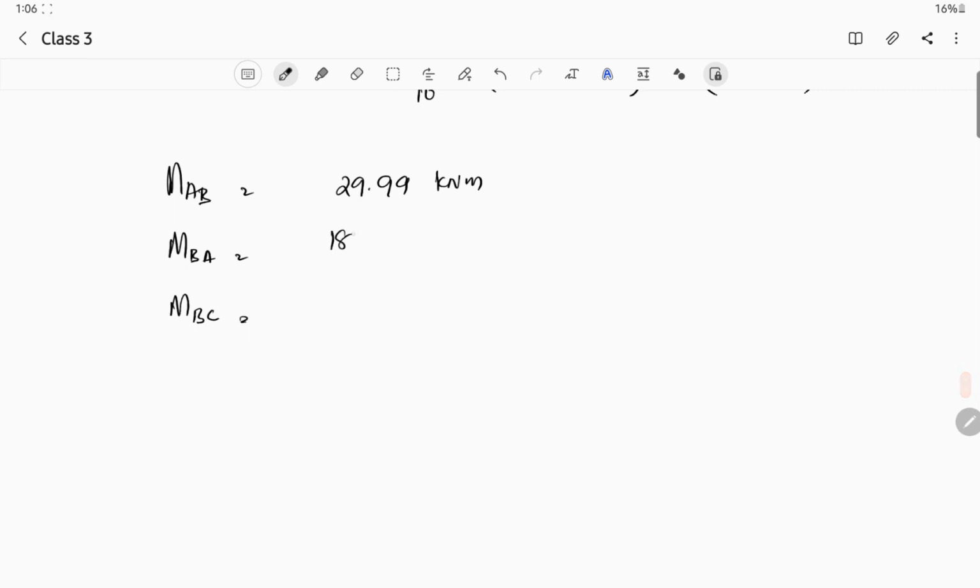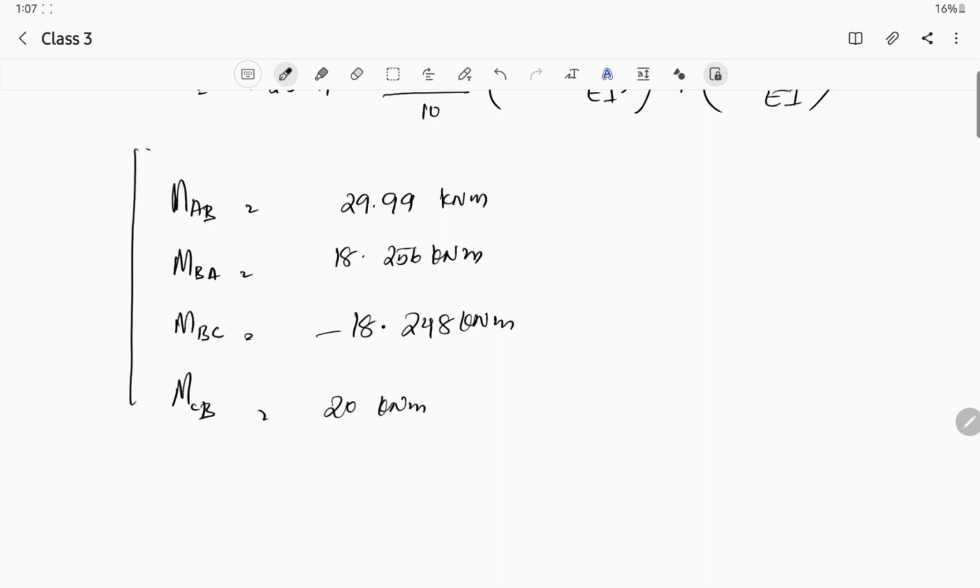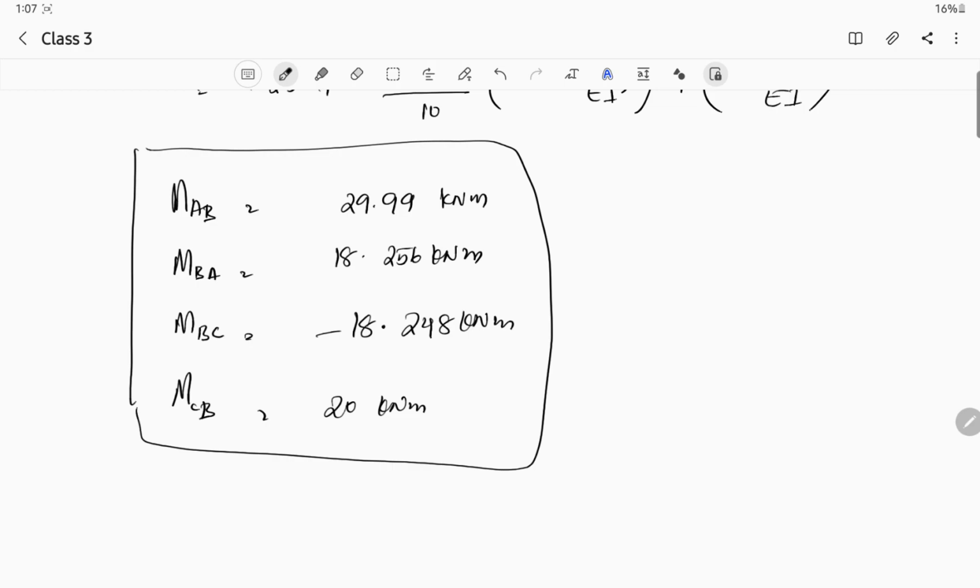We got it as 18.256 kilonewton meter, and for MBC we got it as minus 18.248 kilonewton meter. And finally we have MCB also, right? So the final value of MCB we got is 20 kilonewton meter. So these are the final answers of the final moments for the given beam.